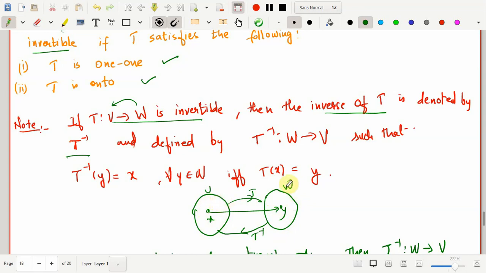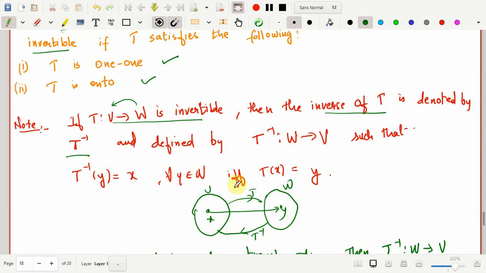And onto says that every element of W is going to have a pre-image via T, which means that every element will be mapped to some element of V via T inverse. Okay, so that's the reason we want T to be 1-1 and onto, and then we can talk about the inverse, and the inverse is defined in this way.